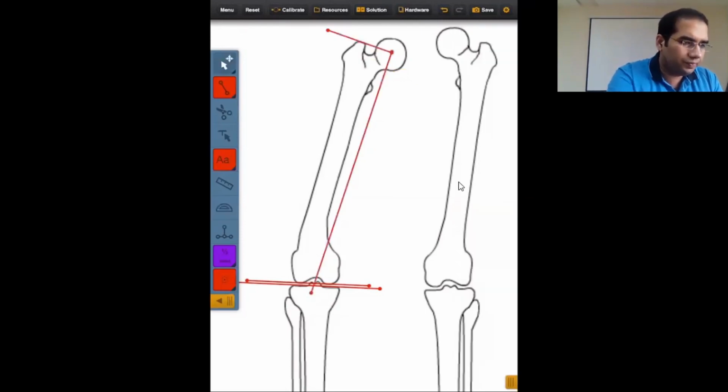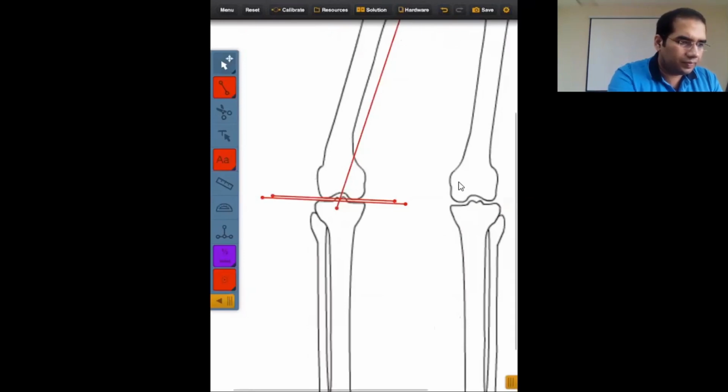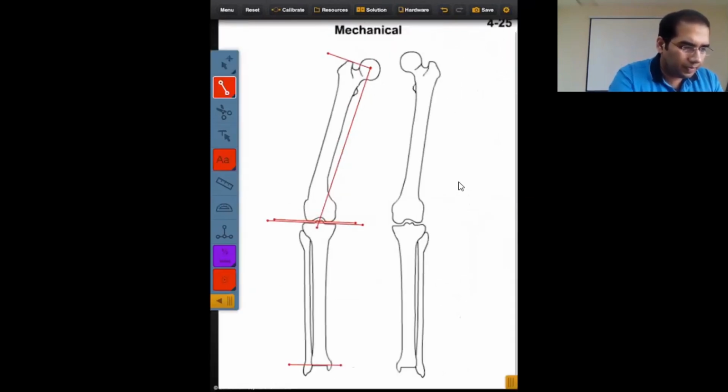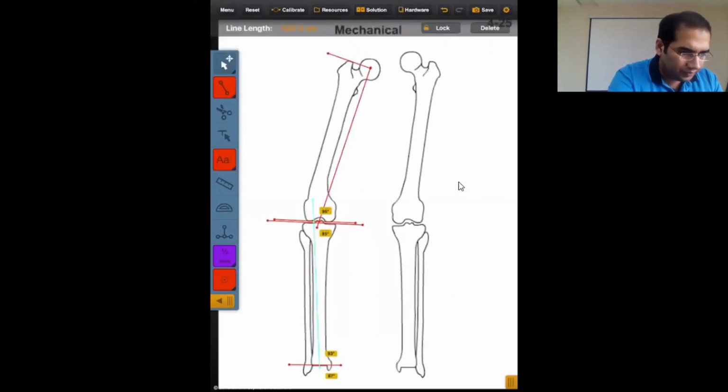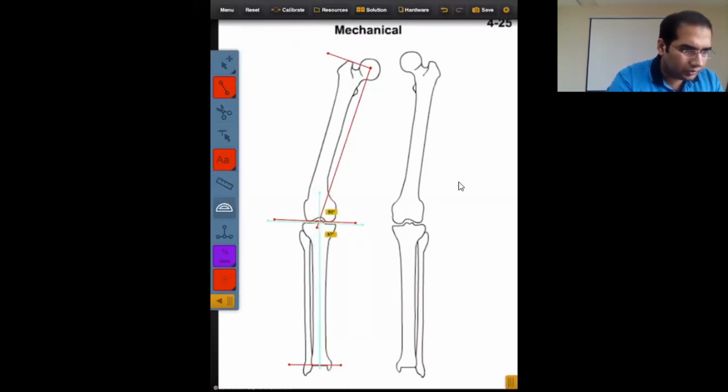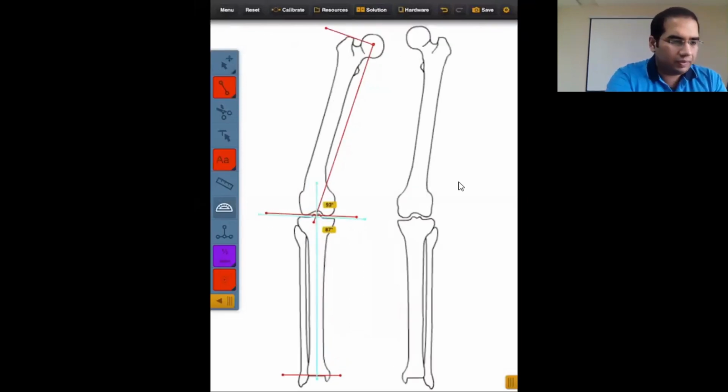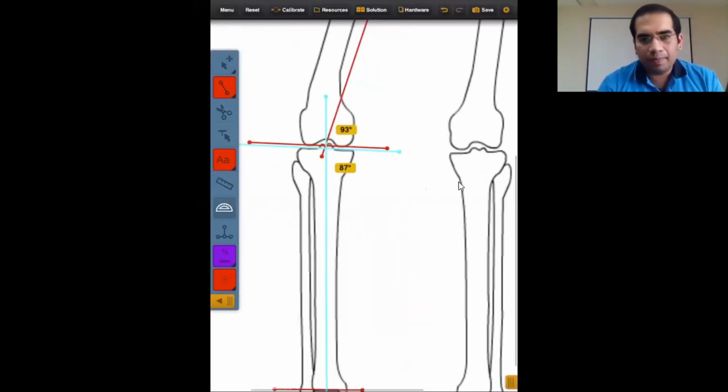We are going to measure the mechanical axis of the tibia as well. Center line here. The center. Now, as you can see, the mechanical axis of the tibia is 87 degrees.